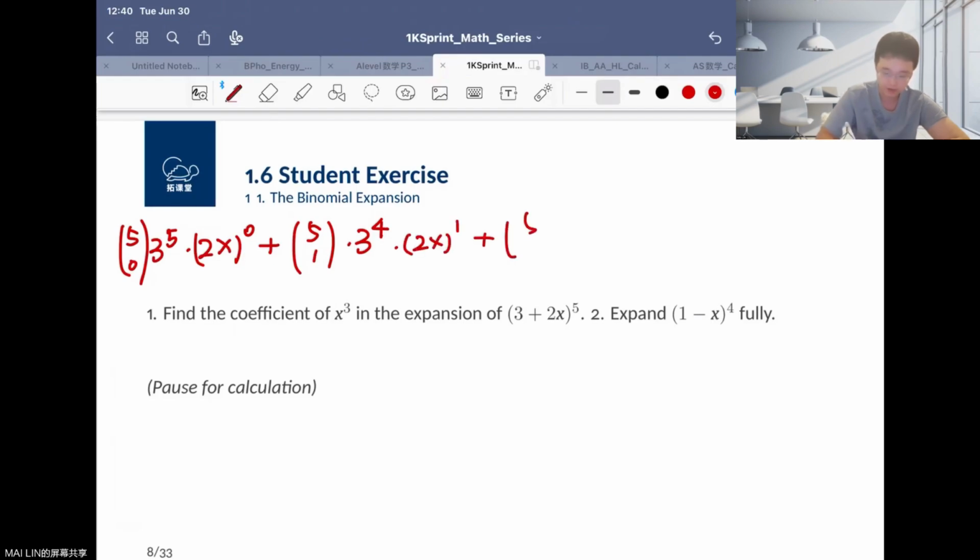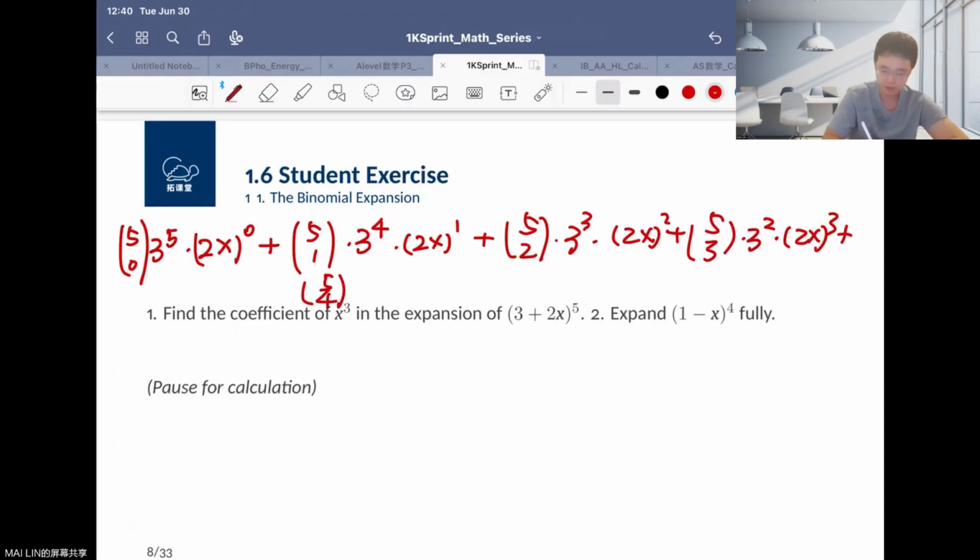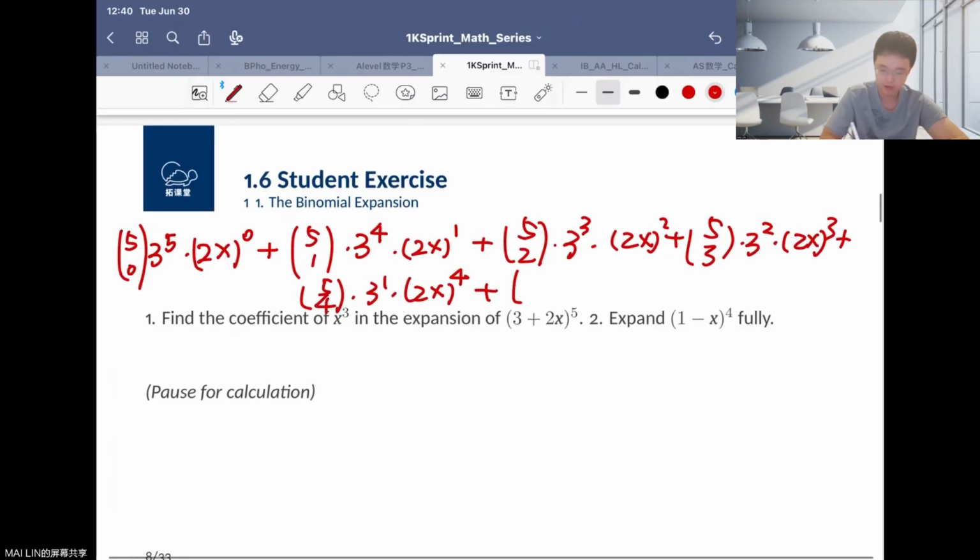Okay, so here also 5C2 times 3 cubed times 2x squared, plus 5C3 times 3 squared times 2x cubed, and then added with 5C4 times 3 and 2x to the power 4, and then 5C5 times 3 to the power 0, which also gets considered as 1, right? As 2x to the power 5.